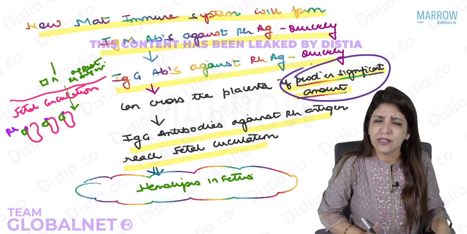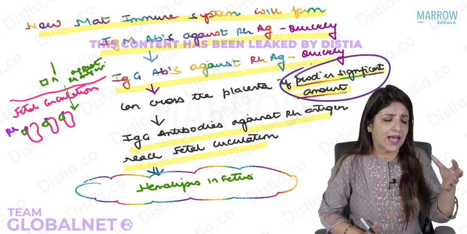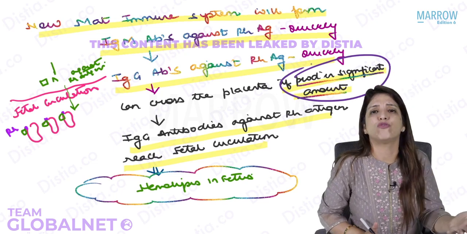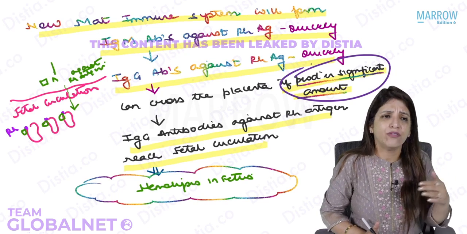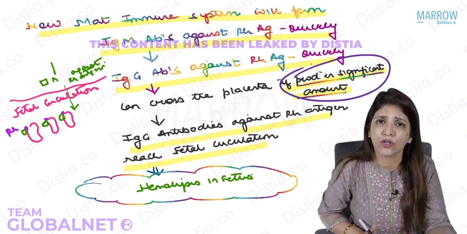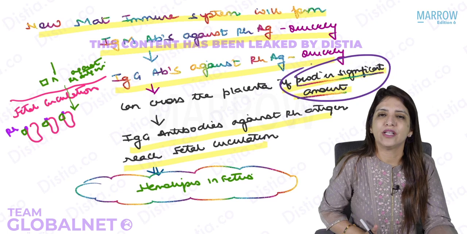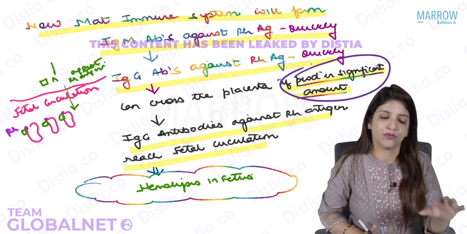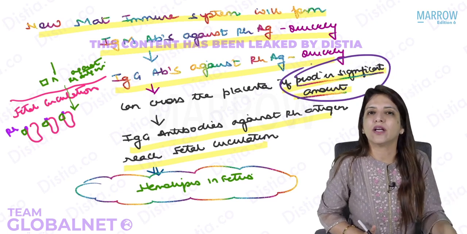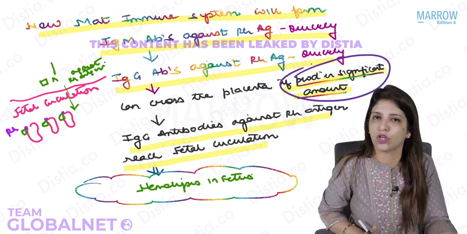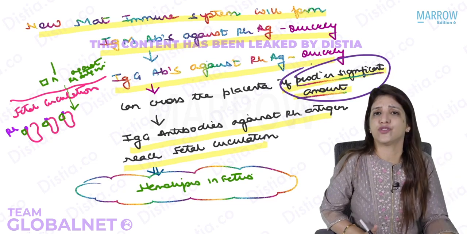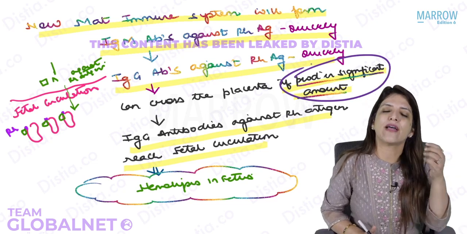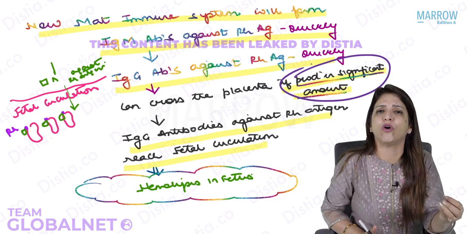So this means that just in case this anti-D, which is of the IgG variety, even if it crosses into fetal circulation, it is going to lead to limited hemolysis. First concept is because we are giving it in low concentration, it will not cross the placenta and not reach fetal circulation. But by chance, even if it reaches, I'm not worried because I've given a very small quantity of anti-D.